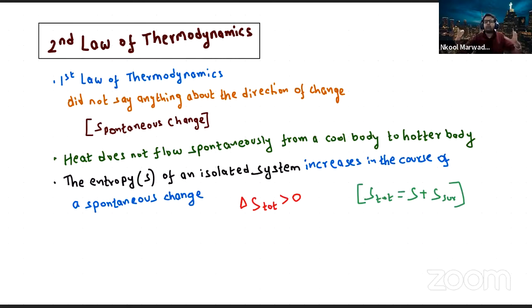New bonds and new compounds will be formed, and it will lead to some kind of liberation, like a solid metal getting converted into gaseous particles. That liberation results in the increase in the total entropy of the universe, because it is S total.